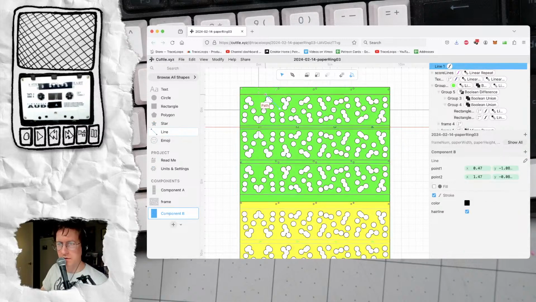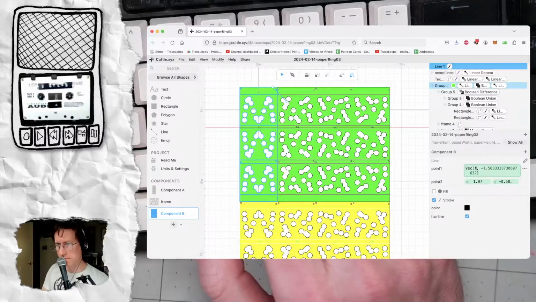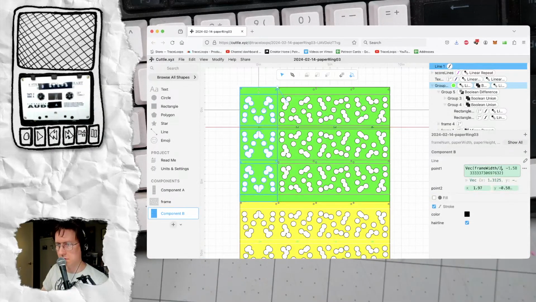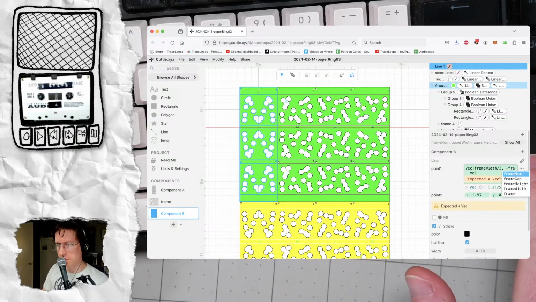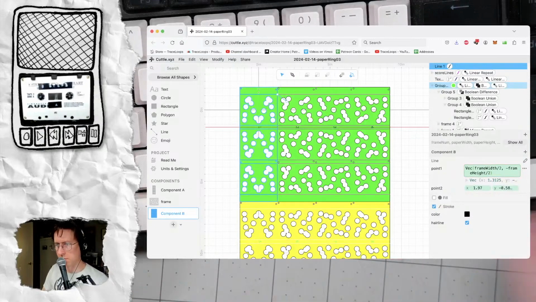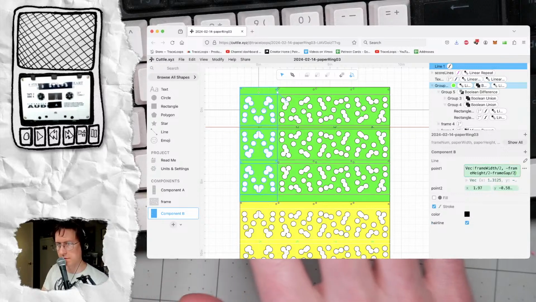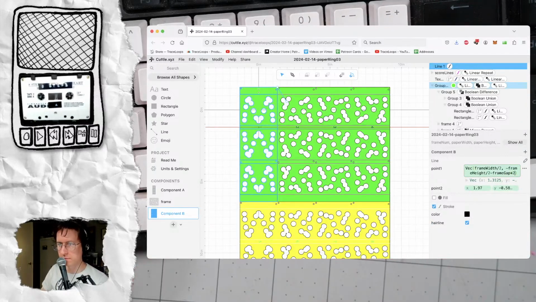Now I need cut lines, which will be frame width divided by 2, negative frame height divided by 2 minus frame gap times 2.